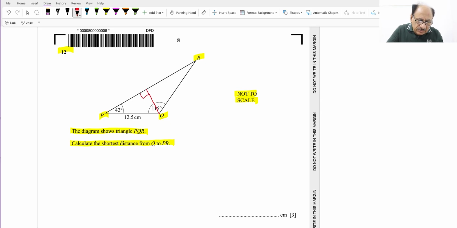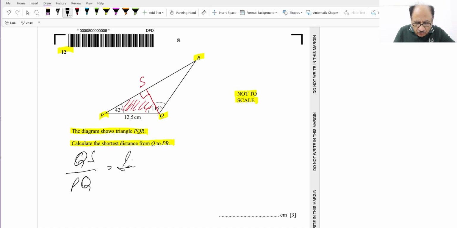So we can consider this triangle. In this triangle, we can take this point as S. So we can write QS over PQ, and this will be equal to sine, opposite over hypotenuse. So sine of 42 degrees is equal to QS, which we need to find, over PQ, which is 12.5.